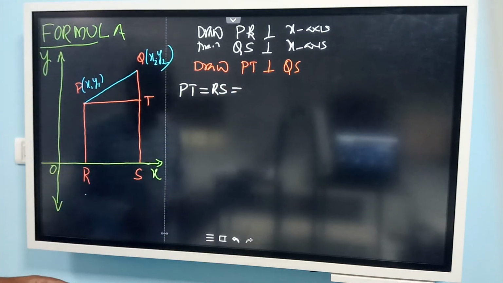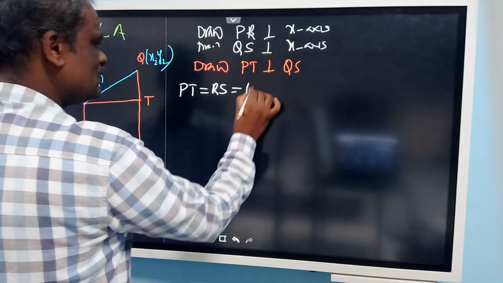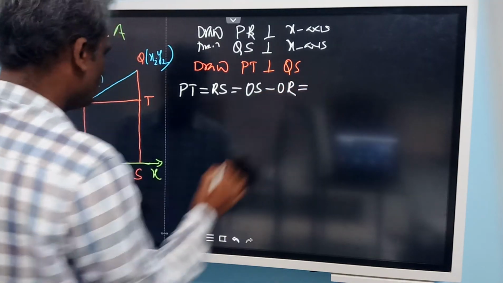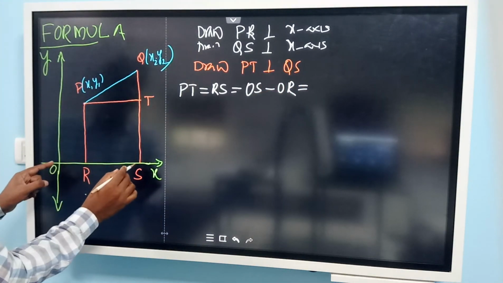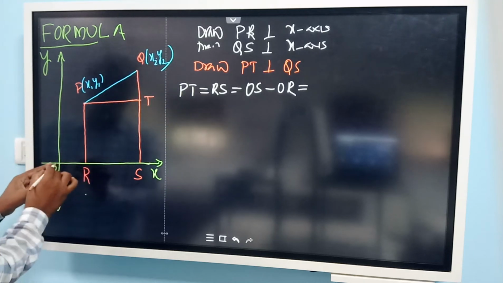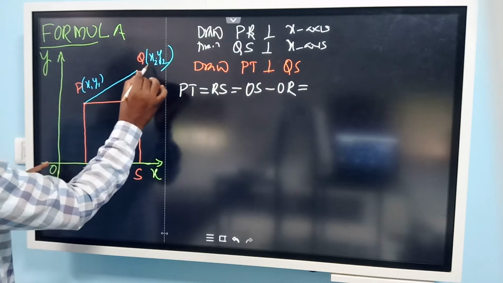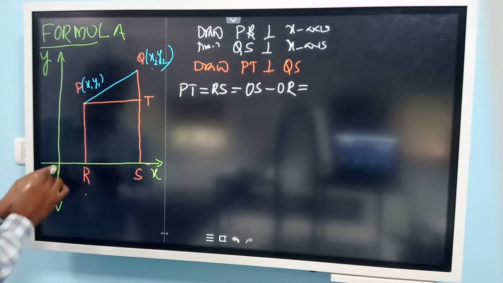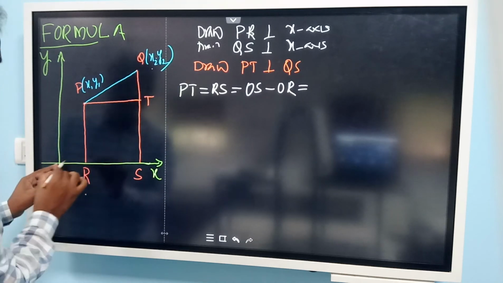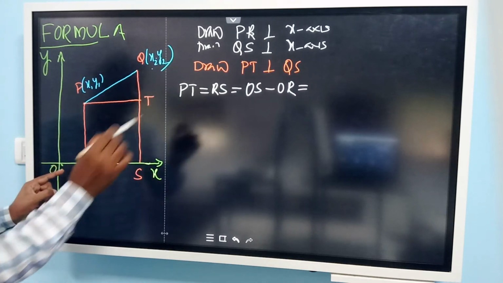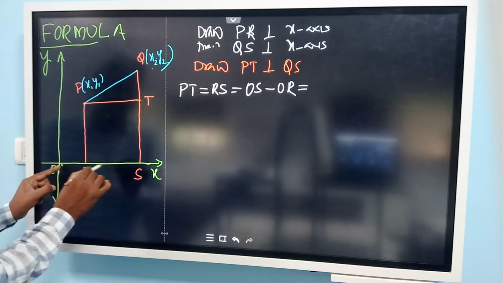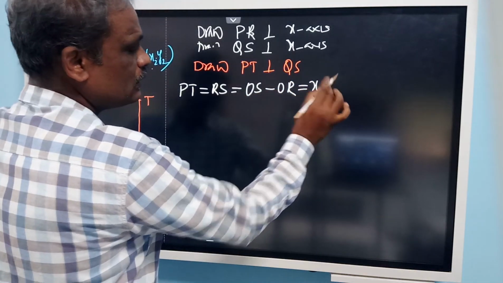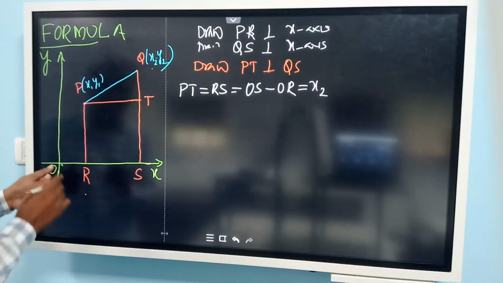RS can be calculated as the difference OS minus OR. OS is the horizontal distance of this point Q along the x-axis. From here to here, that is x2. OS is x2. You should understand this very carefully.